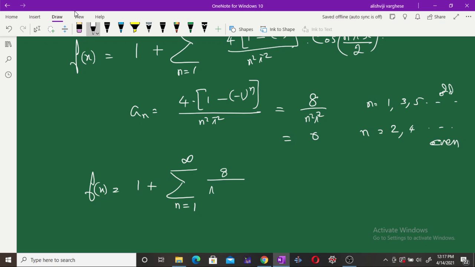That pi square is a constant, so that is taken outside. Then n square can be written as 2n minus 1 the square. That will represent all the odd power terms into cos n pi x by L, where n is replaced by 2n minus 1, pi x by L.